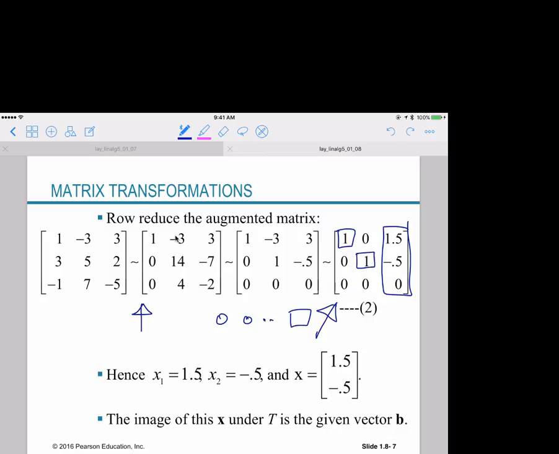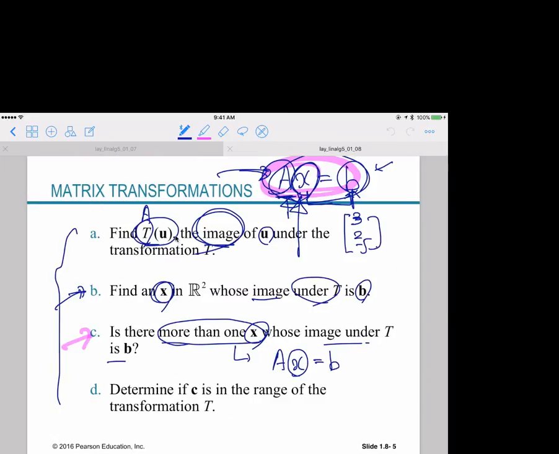Then the next thing to check is whether we have a free variable or not. We have two variables, x1 and x2, and both are basic variables, so there exists only one solution. So the answer to this question is no, because we have only one solution.